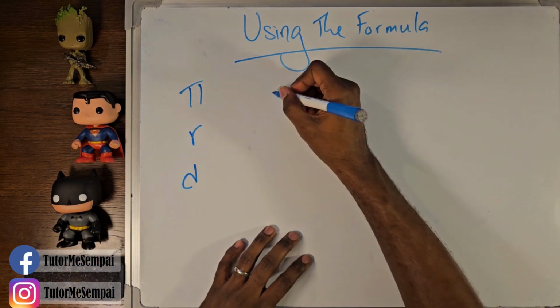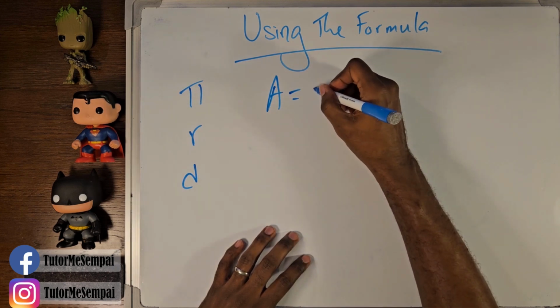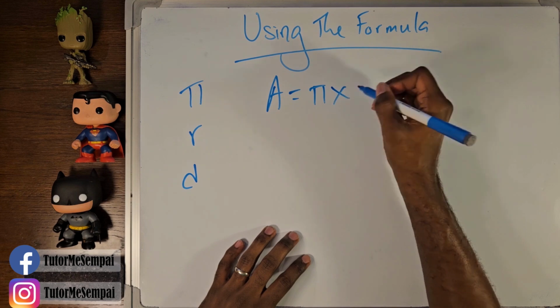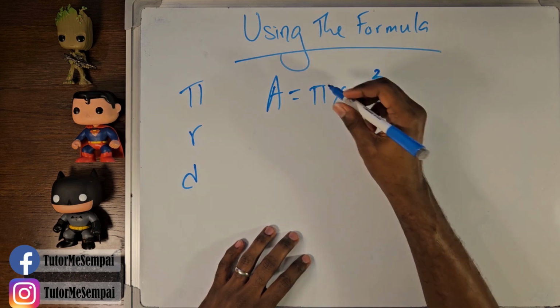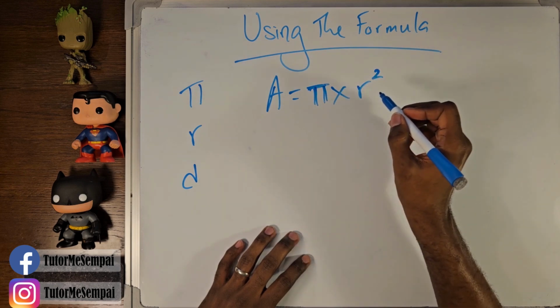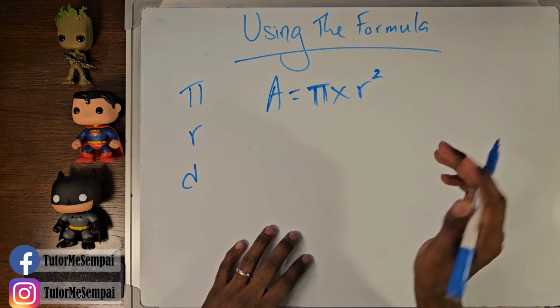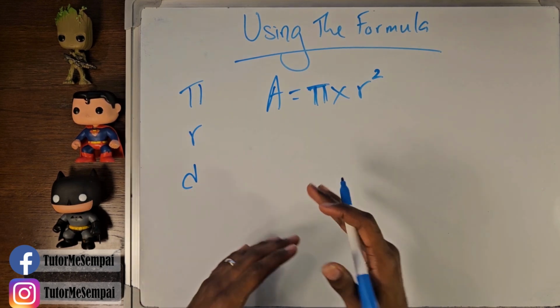The area formula for a circle is quite simple. It's pi times r, your radius, squared. Now this is not to be confused with the formula for your circumference.